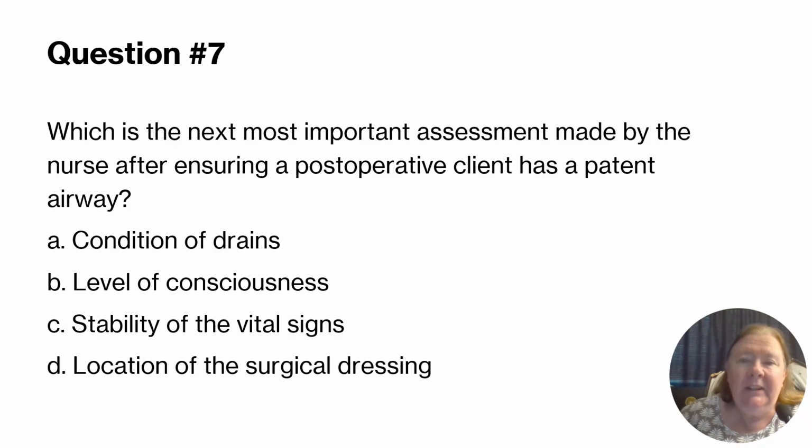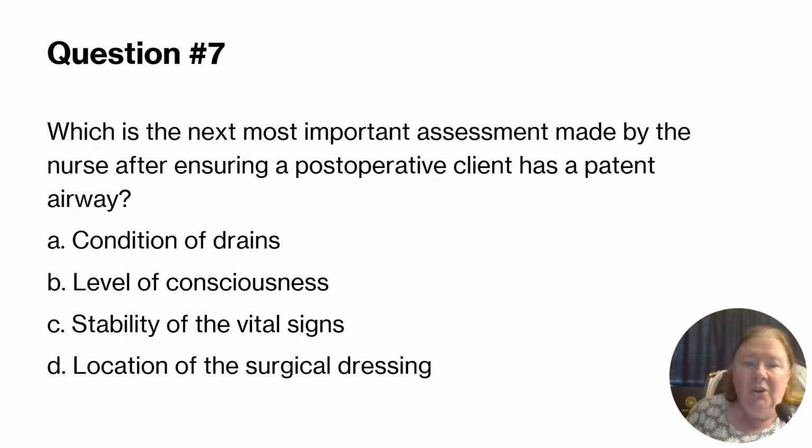Okay, and if you're following ABCs, you should have figured this one out. You've already taken care of making sure that the post-op client has a patent airway. So what else is left with ABCs? Breathing and circulation. So the correct answer is C, stability of the vital signs. Vital signs is what? Blood pressure, pulse, temperature, respirations.